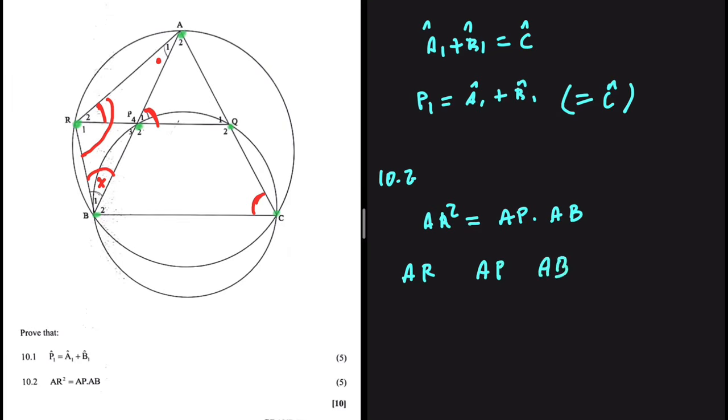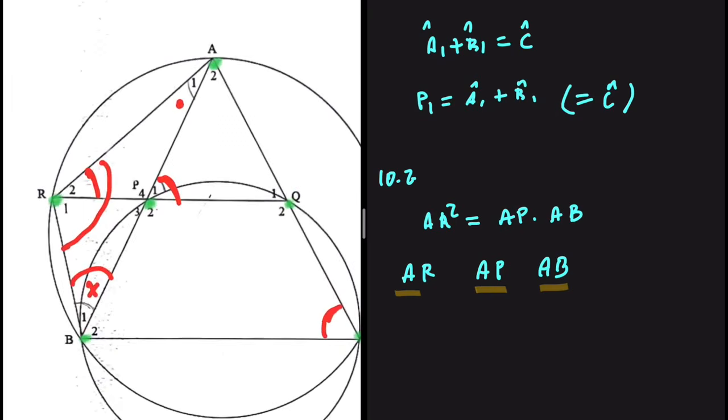Let's see if we can find two triangles that have only those sides. Let's just erase all this so we can have a bit of clarity. We have side AR right here, and we have AP. Side AP is right here.